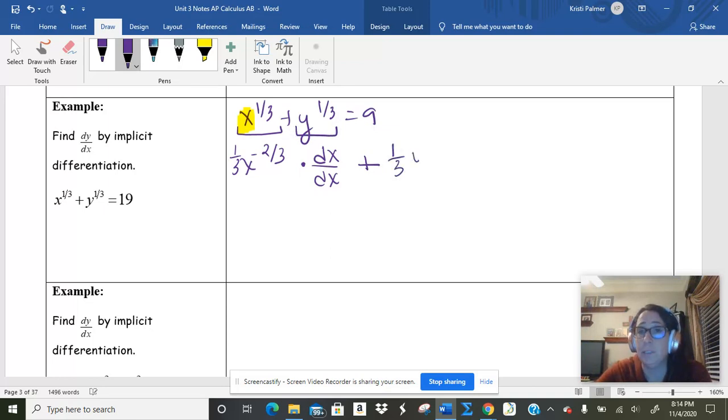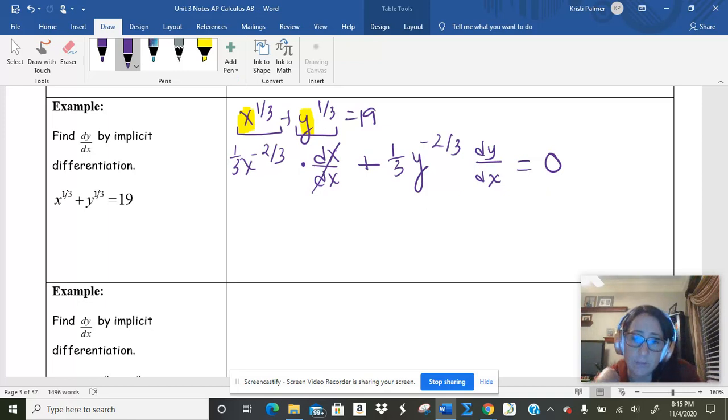Do the power rule still: 1/3 y to the negative 2/3, but now we took the derivative of y with respect to x, equals the derivative of 19, which is 0. dx over dx is just 1. So whenever we're differentiating x's, we don't really need to worry about the whole dx. It's when we're doing the variable that's different than what we're differentiating with respect to that we have to do that variable over dx.